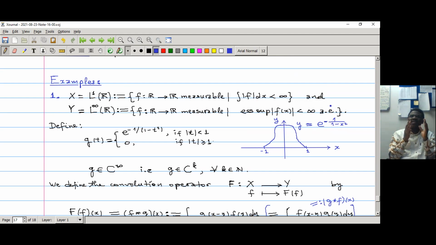And remember that when you are in the capital L spaces, the function that we are using actually is a class. I don't know if I will have the time or the possibility to record another video on classes. Remember quotient space.